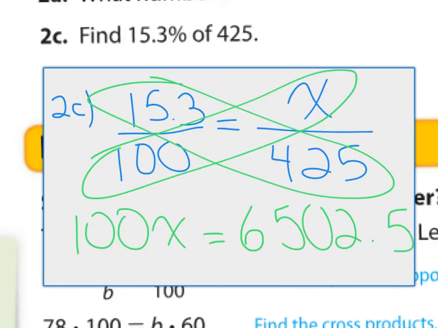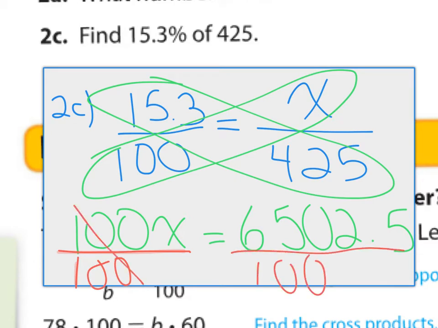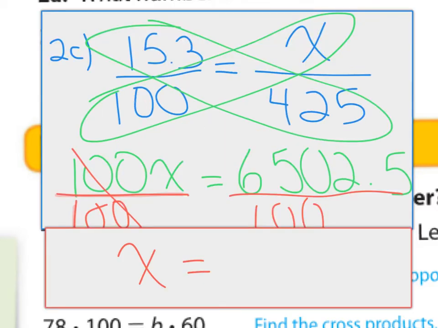Now that we have that, we have to divide both sides by 100. Okay, sorry, I used the highlighter by accident. Divide by 100 and divide on this side by 100. The 100 is gone, and our x is now isolated. And because we're dividing by 100 on this side, that means our decimal place is just going to move over 2 places.